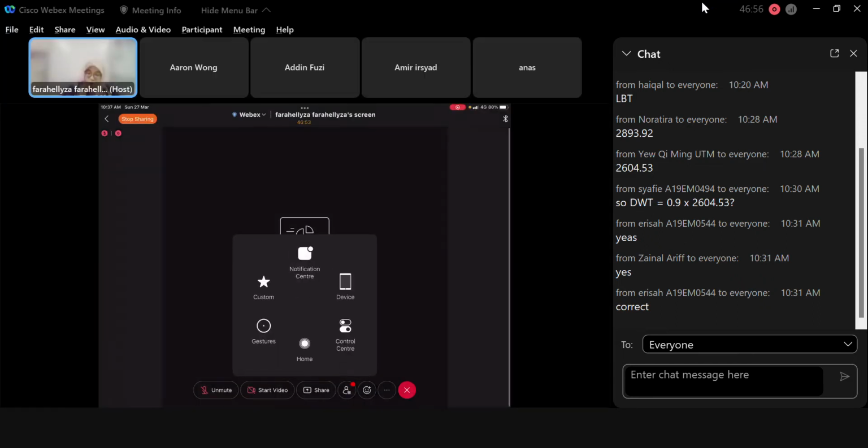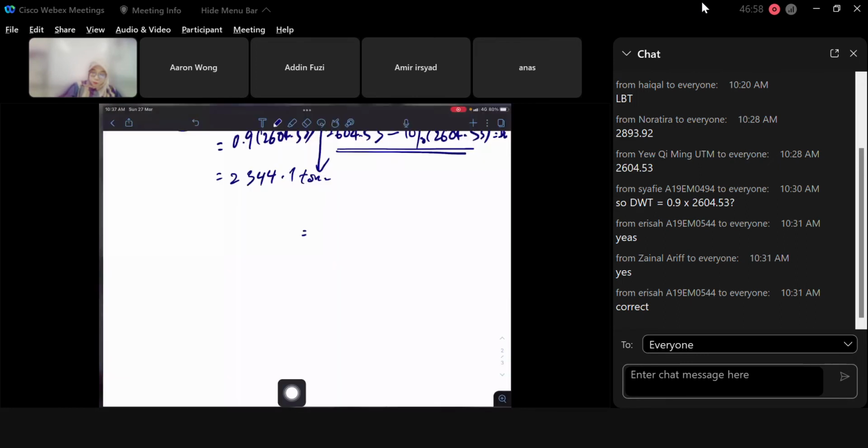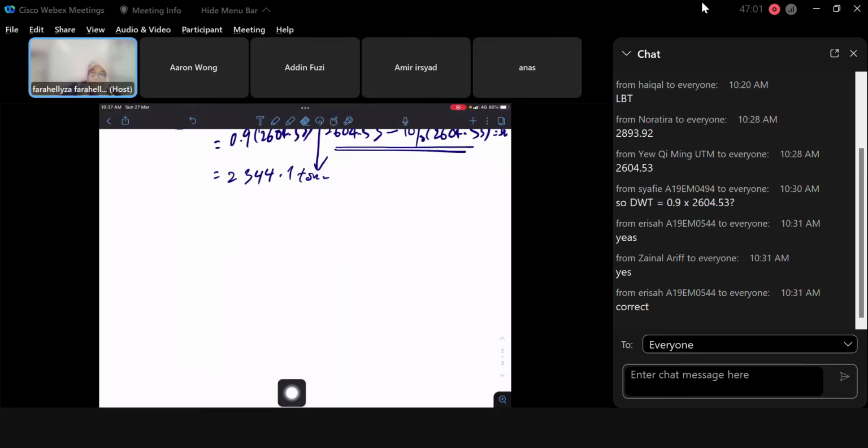So once again, to solve problem 2, you have a box shape barge. Then you have 2344 tons, which is basically the deadweight, DWT.